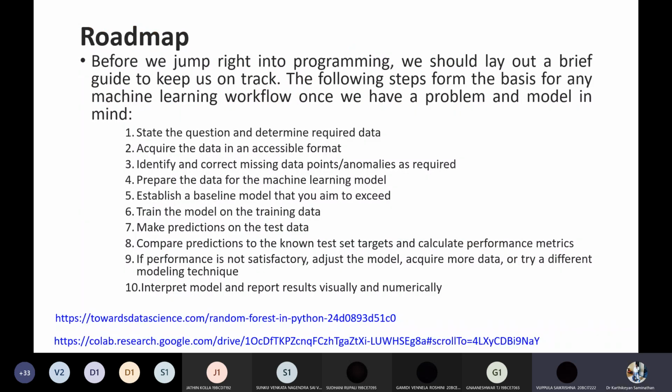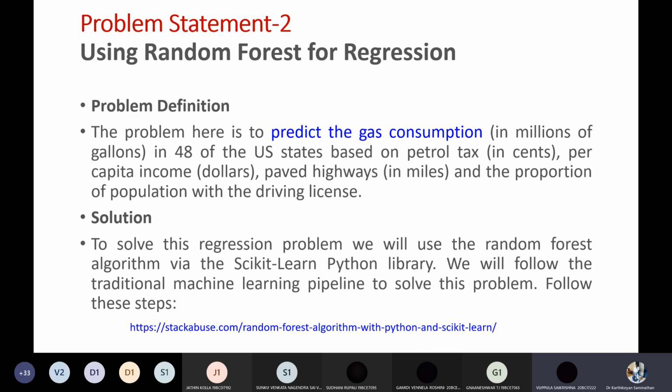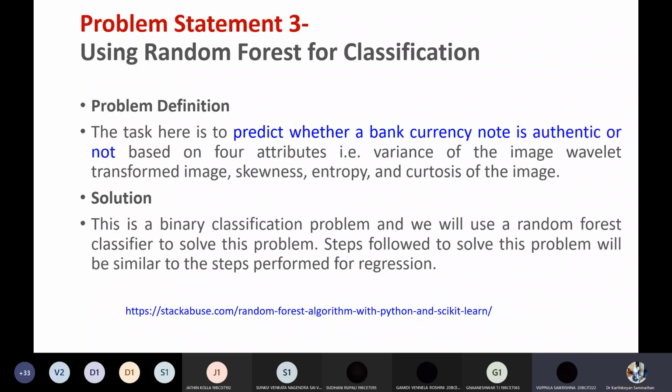I have given a Colab link also. You can try this. The second one is predicting the gas consumption. To solve this, you can use the scikit-learn Python library. The third one is predicting whether a bank currency note is authentic or not based on the four attributes.